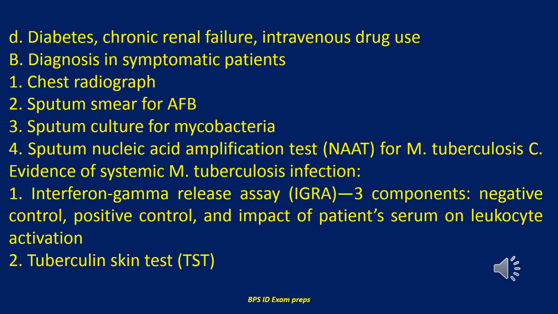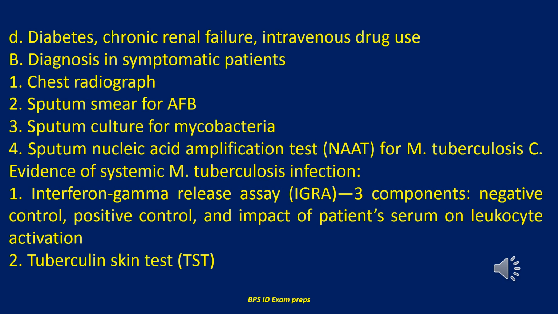We will now discuss diagnosis in symptomatic patients. It is done using: 1. A chest radiograph. 2. Sputum smear for acid-fast bacilli, AFB. 3. Sputum culture for mycobacteria. 4. Sputum nucleic acid amplification test, NAAT, for Mycobacterium tuberculosis.